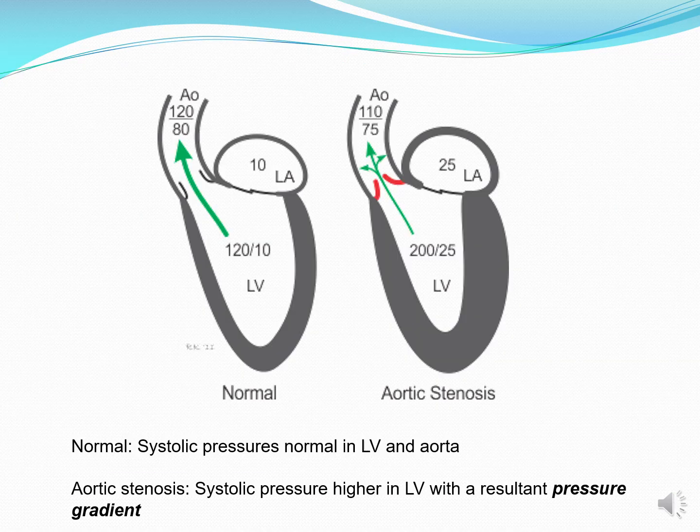Now, we have to move on to the hemodynamics. So the normal ventricle and valve are on the left, and on the right is the stenotic valve. When you have a stenotic valve, the left ventricle has to generate a higher pressure to drive blood across the narrow valve.